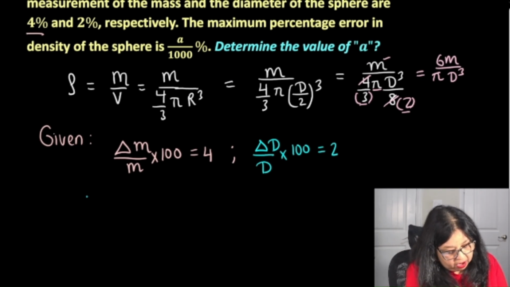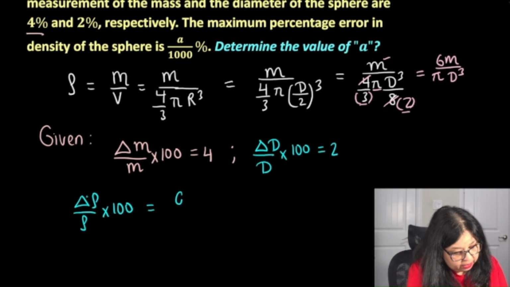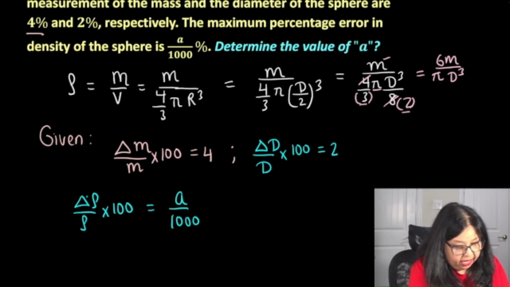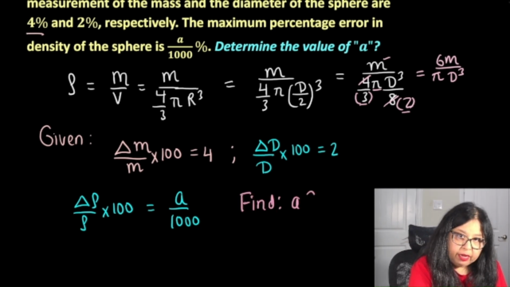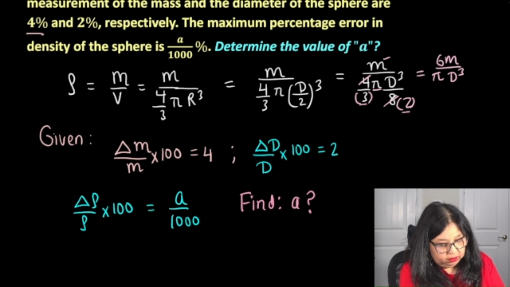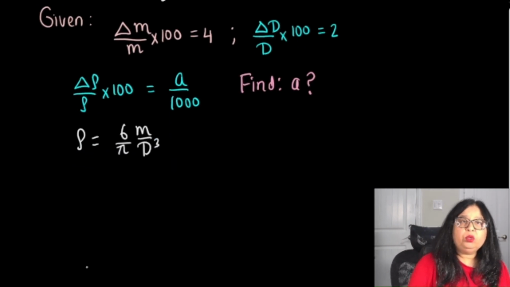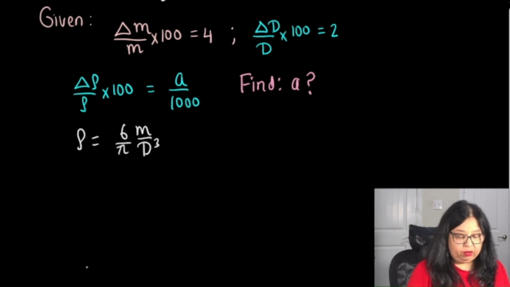Okay, let's go ahead and write down delta rho over rho times 100 is equal to A divided by 1000. And we are asked to solve for A. So now we know that rho equals 6 over pi times m divided by d cubed. We're going to apply the rules of propagation of error to this formula.